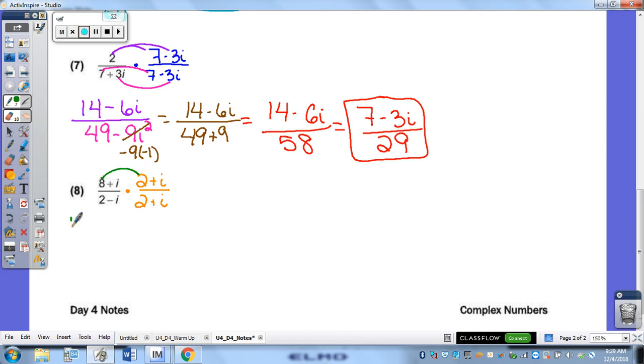We got to do 8 times 2, which gives us 16. And then the 8 times i gives us 8i. And so now we need to distribute the i. So i times 2 is 2i. i times i is i squared.